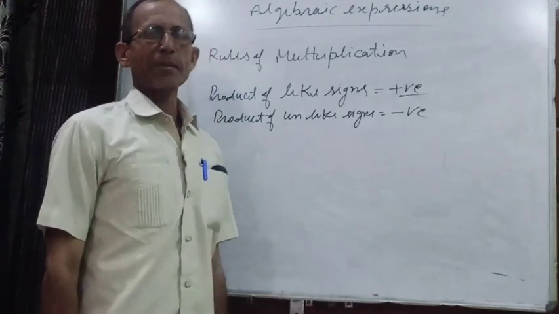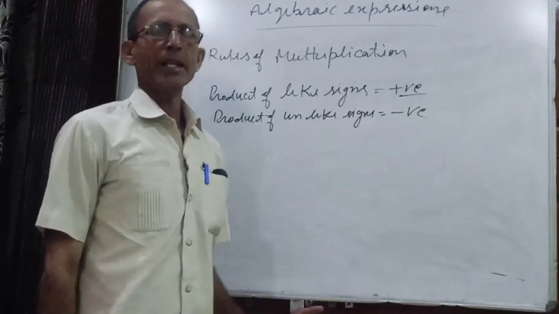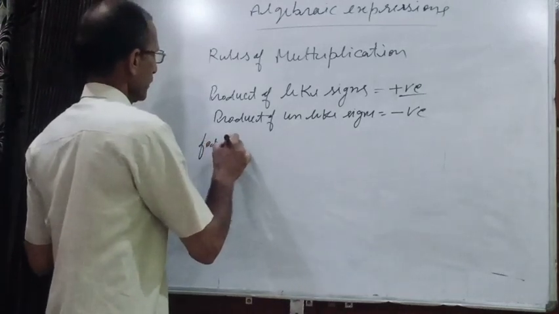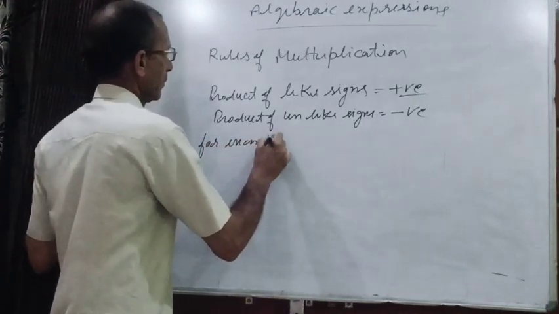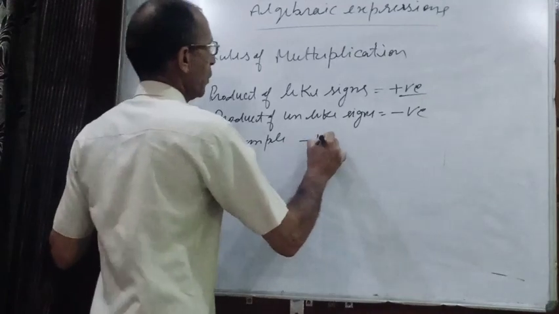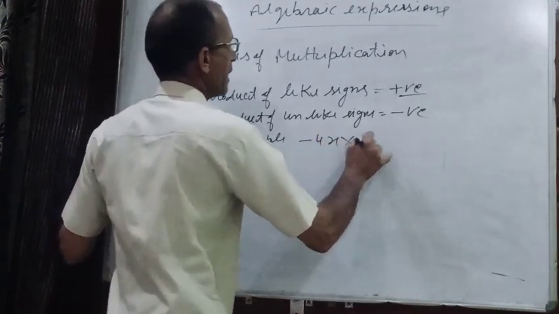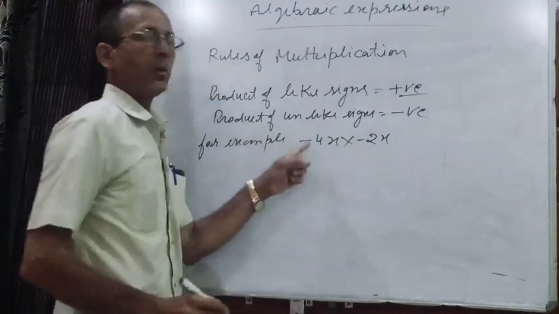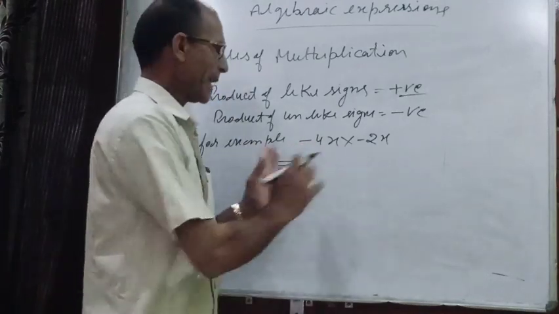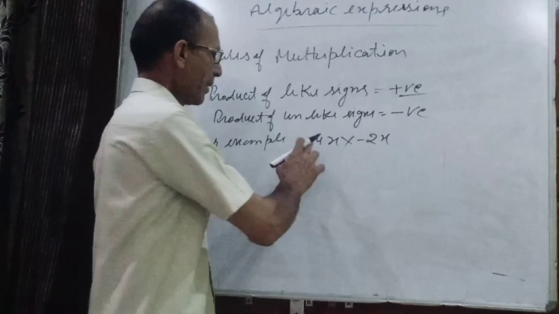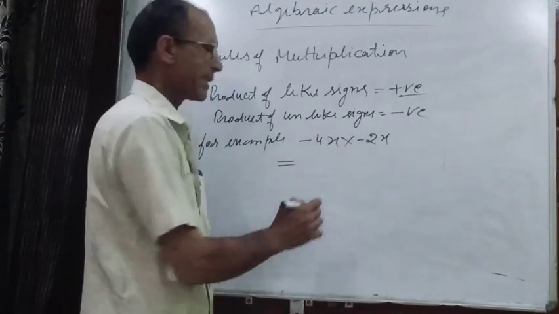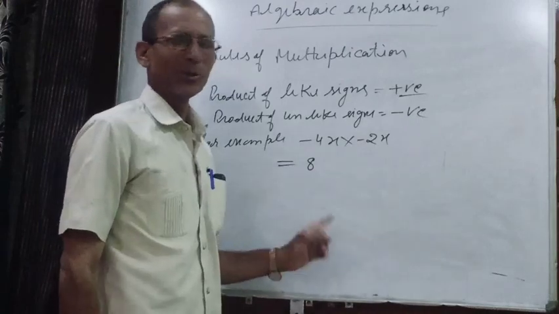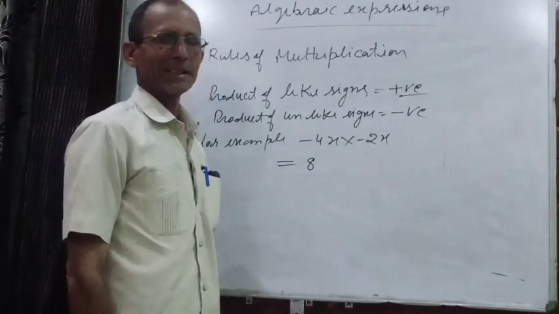If same signs are multiplied, then the result will be positive. For example, minus 4x multiplied with minus 2x. Both are negative. Minus minus becomes plus. Minus 4 multiplied with minus 2, so it will be plus 8.